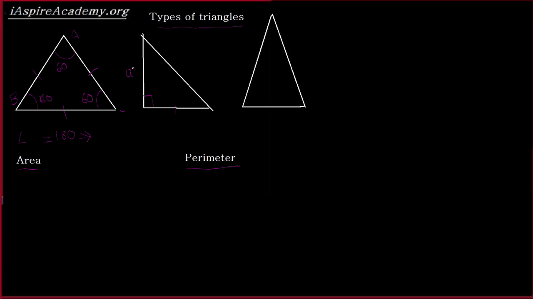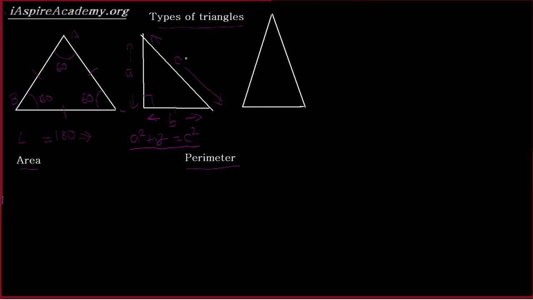Some of you may already know it: if this length is A, this length is B and this length is C, then the formula is A square plus B square equals C square. This is called the Pythagorean theorem.